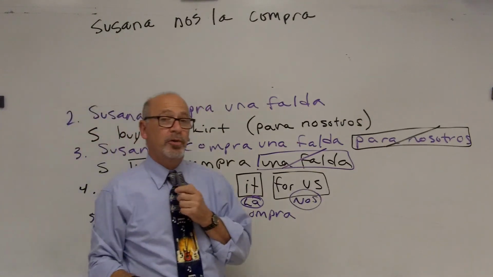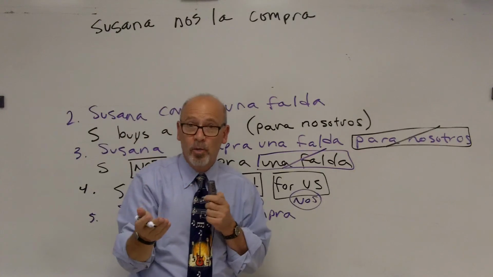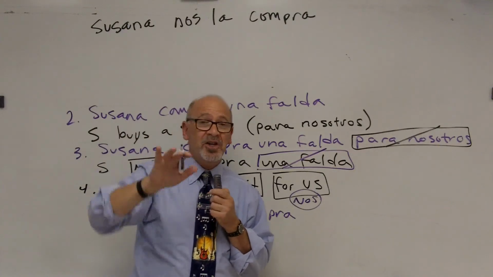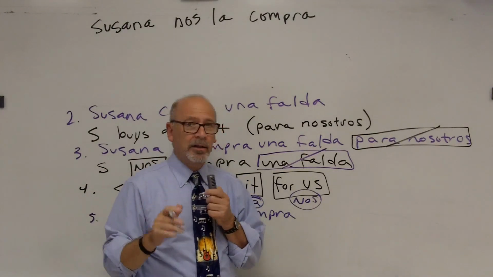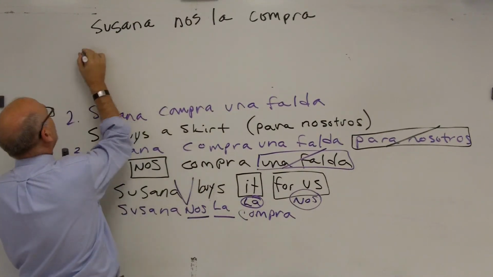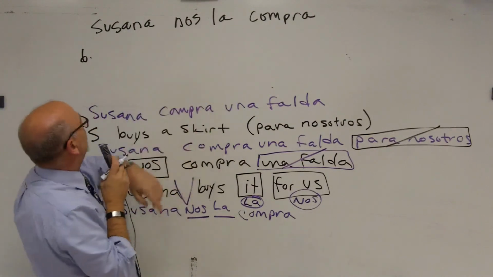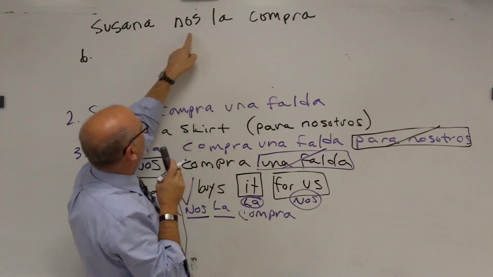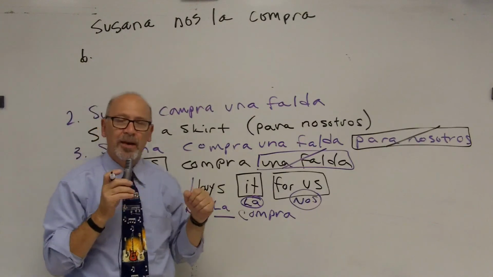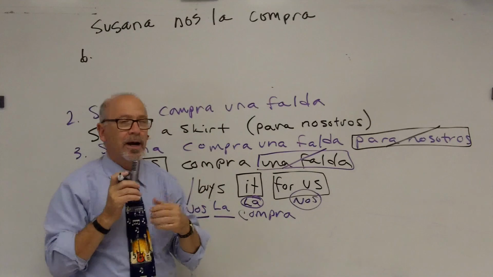What I want you to do is now, we're not going to say it with a la because we need to know what that is. So we're just going to change it back. All right? So what you're going to do next for the last one in this series, number 6, is I want you to write down, instead of saying Susana buys it for us, I want you to say Susana buys a skirt for us.